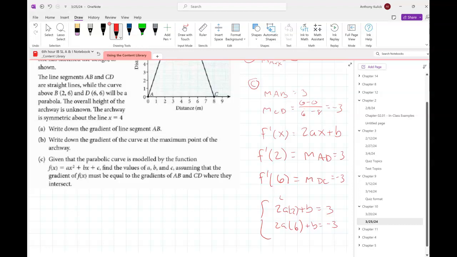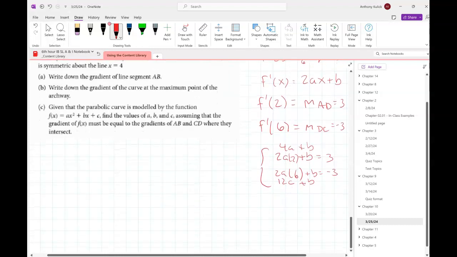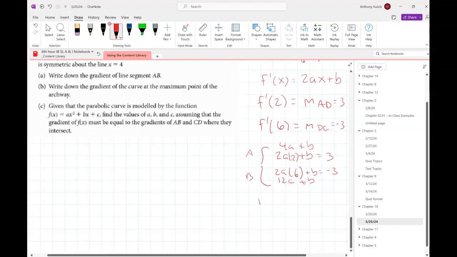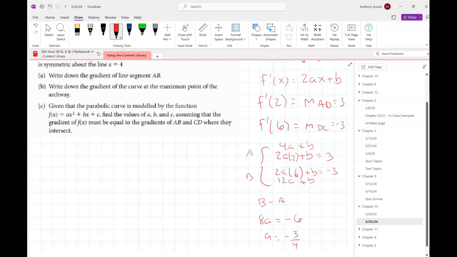So I have really 4A plus B over 12A plus B. If I just take equation B and subtract equation A from it, that's going to give me 8A equals negative 6. So A is going to equal negative 3/4.